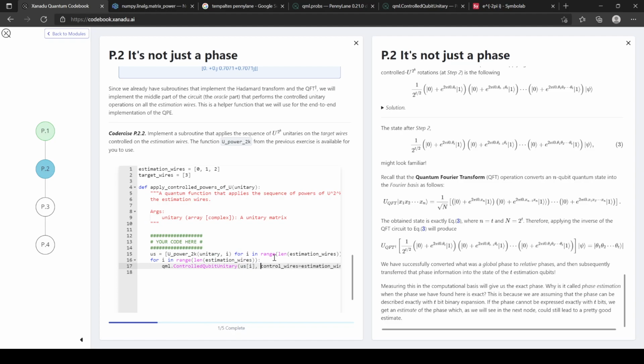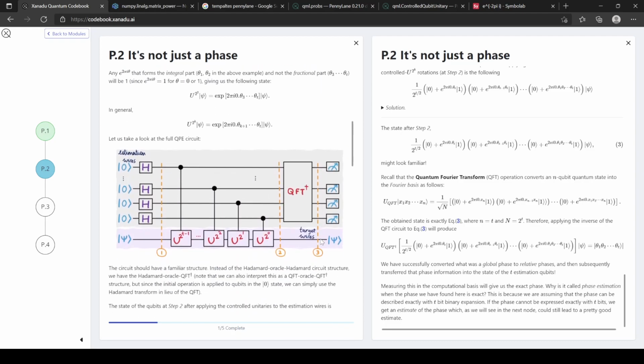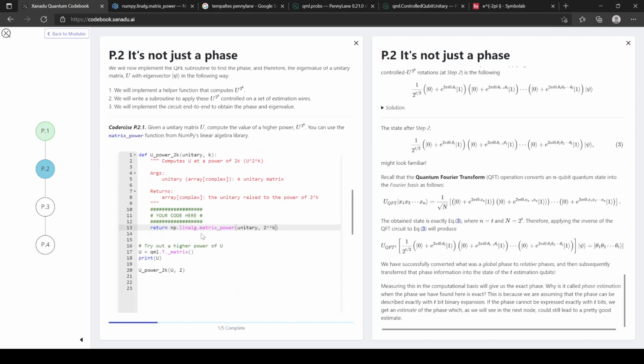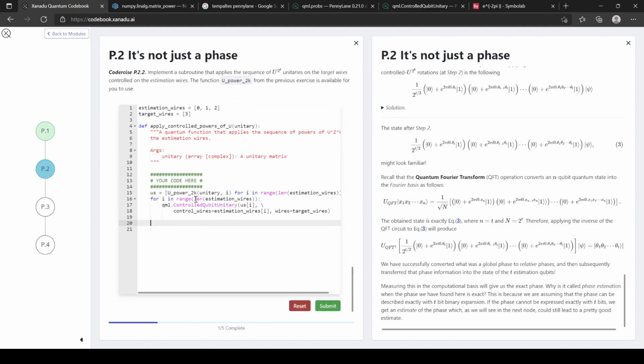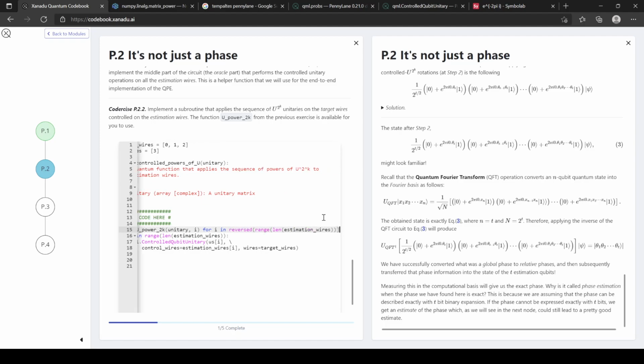And the wires equals target. There we go. That should work. Let me double check. But what we actually want is first. There we go.